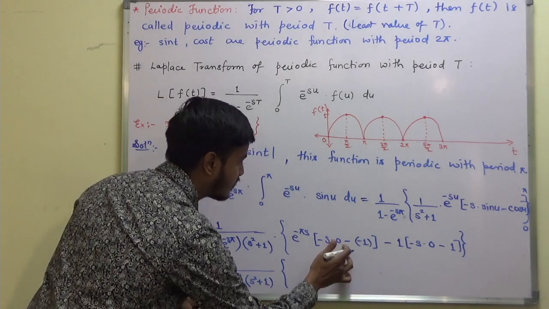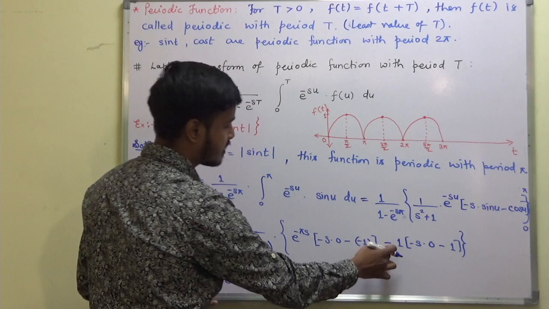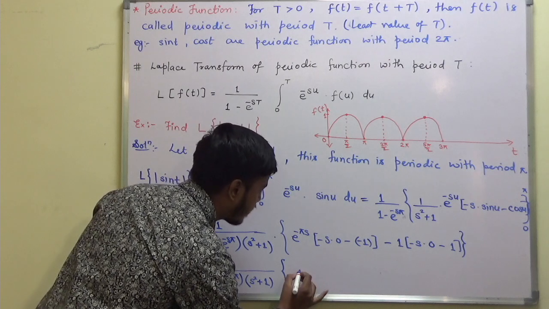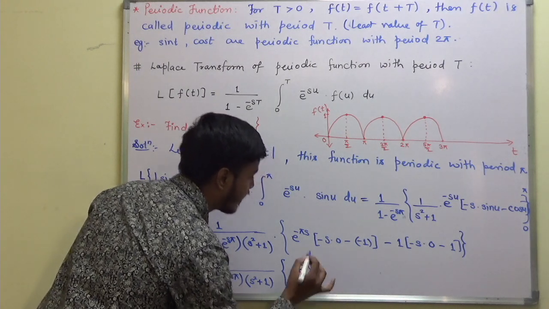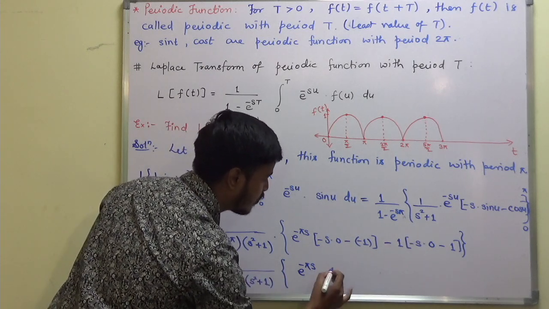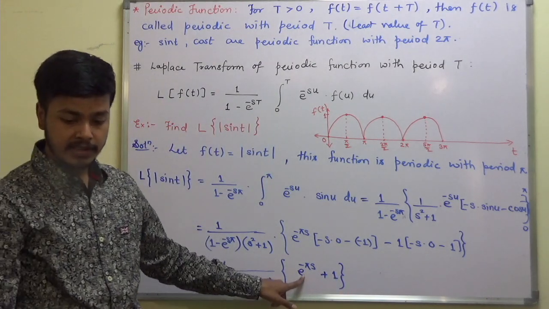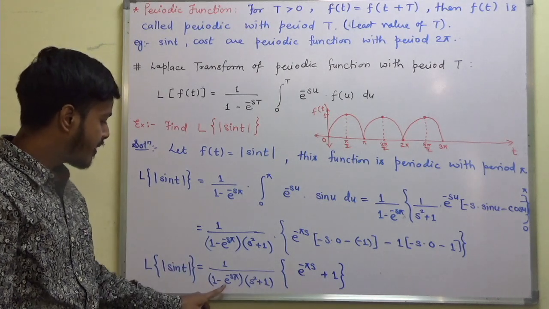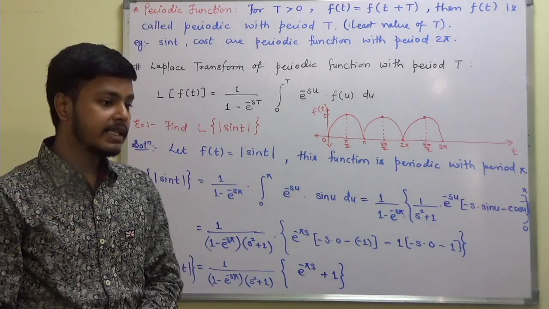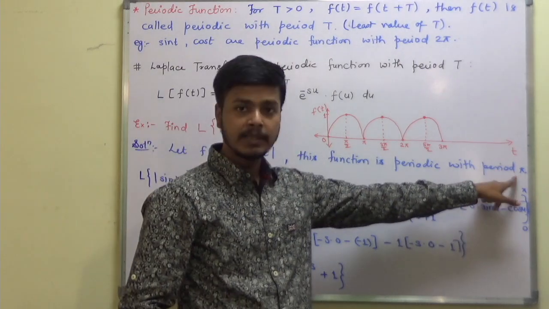Here it should be minus minus plus, e to the power minus pi s, and minus 1 into 1, so this is plus 1. So 1 plus e to the power minus pi s upon 1 minus e to the power minus s pi, into s square plus 1. That is the required Laplace transform for this periodic function whose period is pi.